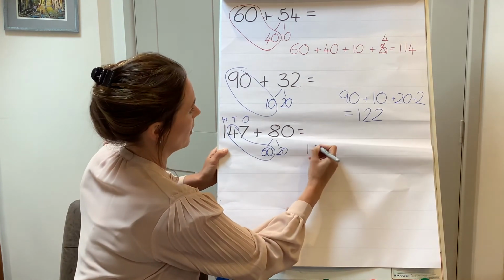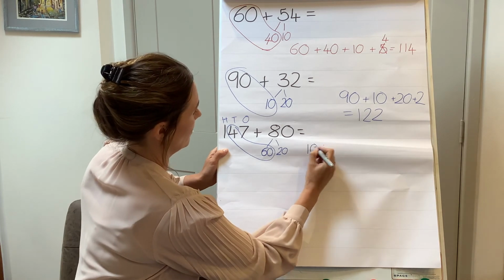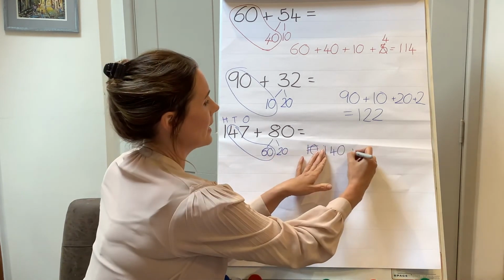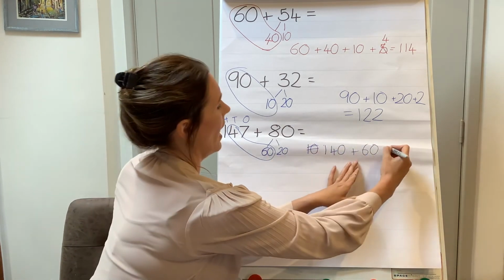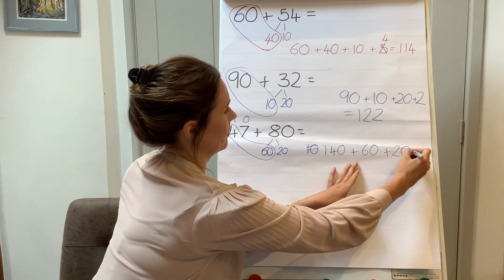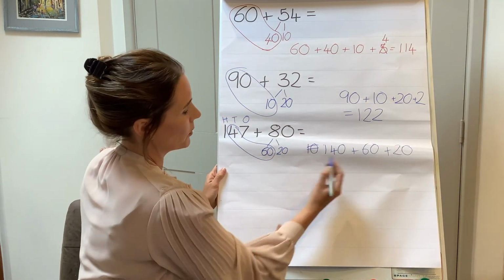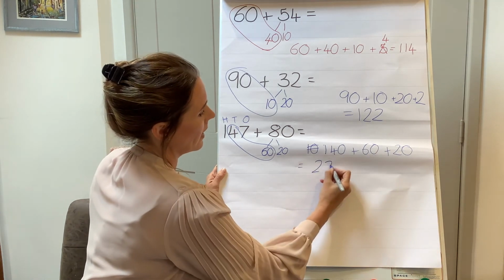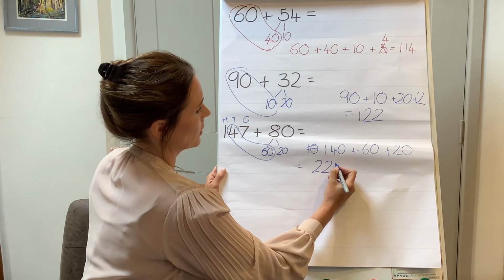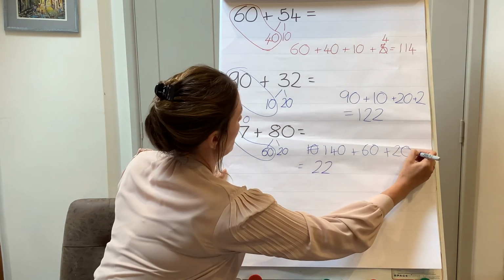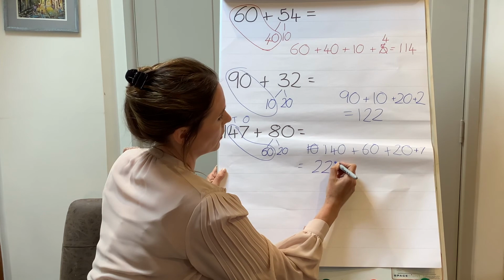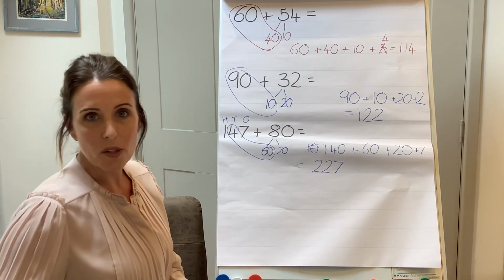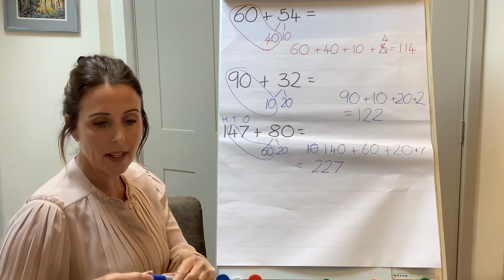So we've got 140, add 60, add 20. And 140 and 60 is equal to 200, and 20 is 220. Add on the 7 is 227.